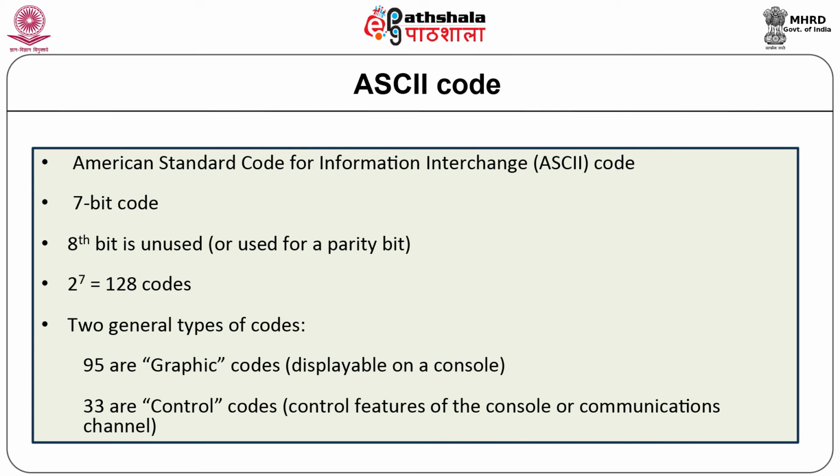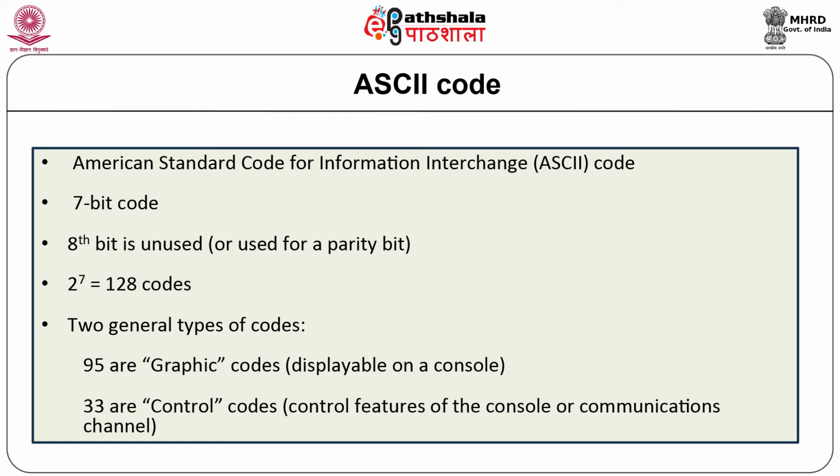The last code in the discussion is American Standard Code for Information Interchange, that is ASCII code. It is extensively used for digital computers and data communication. It is a 7-bit code. It represents 2 raised to 7, that is 128 different characters. It represents decimal number 0 to 9 by 8421 BCD code preceded by 011.